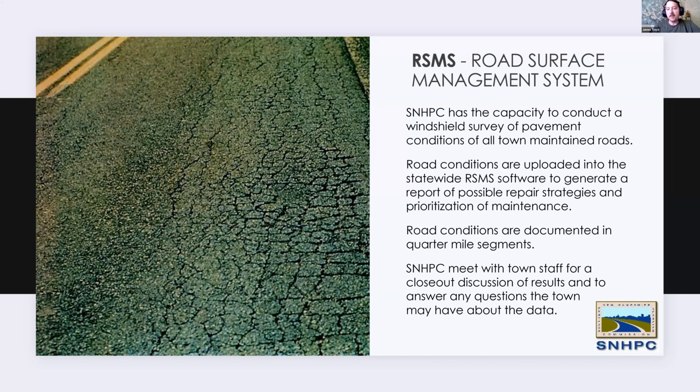Road conditions are uploaded into statewide RSMS, we call it software, but it's really the SAIDS software, to generate a report of possible repair strategies and prioritization of maintenance for roads. Roads are documented on the quarter-mile segment length, and SNHPC can meet with town staff for a closeout discussion of the results and to answer any questions the town may have about the data.